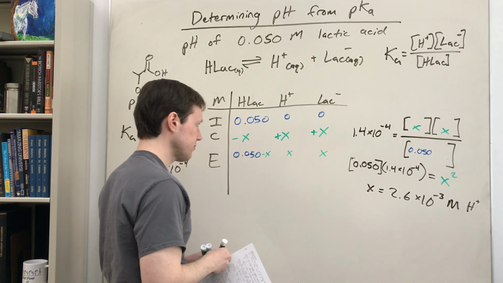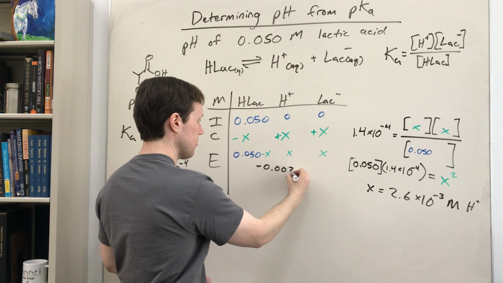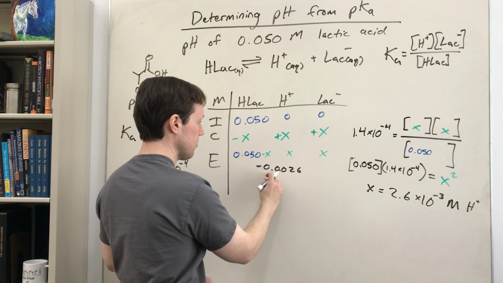Is that large enough that we should solve this using the quadratic equation? This is starting to get pretty close. That is, 2.6 times 10 to the negative 3 is a number big enough that it's talking about subtracting 1, 2, 3.